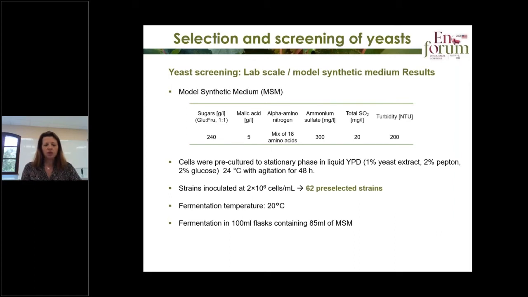First fermentations were performed on synthetic media, and we determined different parameters like fermentation rate, fermentation capacity, and production of sulfur dioxide, volatile acid, and of course desirable flavor. 63 strains were used, including 62 pre-selected strains and 1 reference strain.